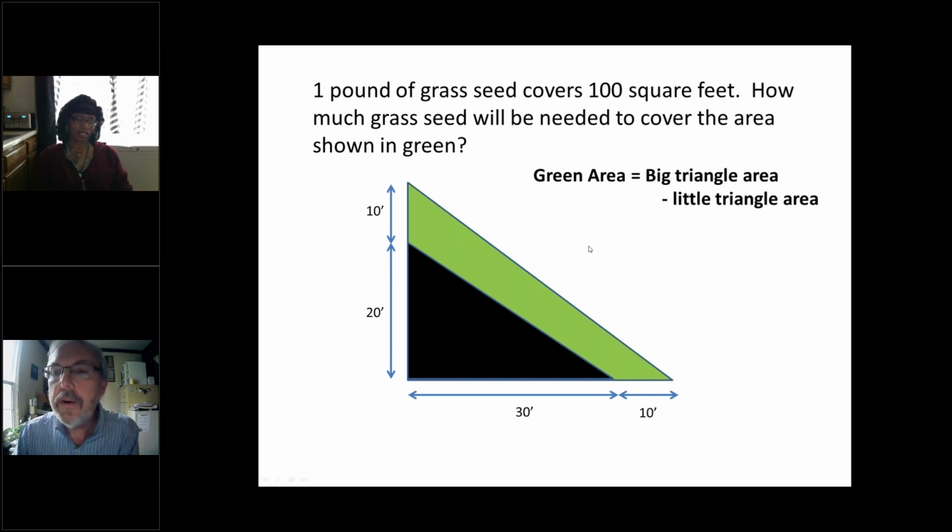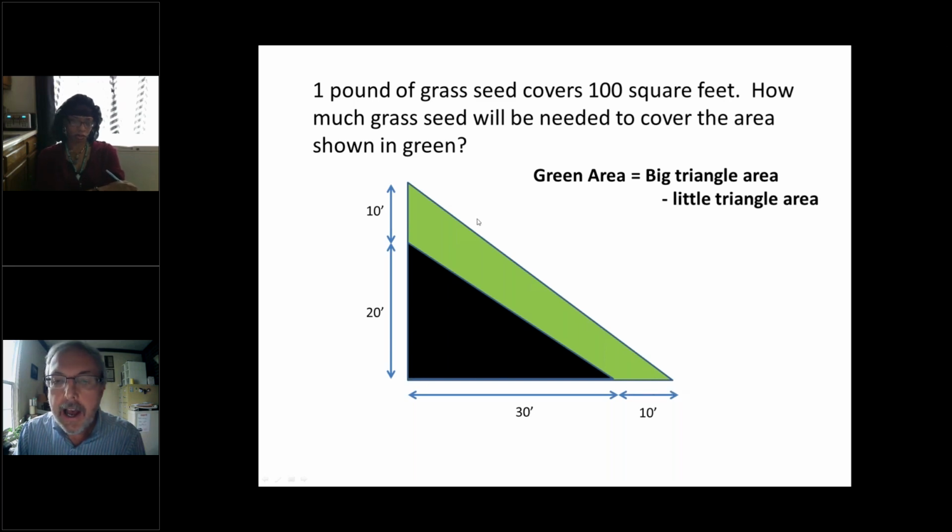Yep. So we'll go over that again. So what we want is just this green, right? We want to find out what the area of just the green is. Well, a way that we can do that using formulas that we already know, which are our triangle area formulas, we could say, what if this entire triangle was planted with grass?